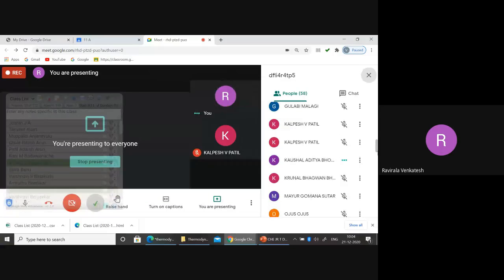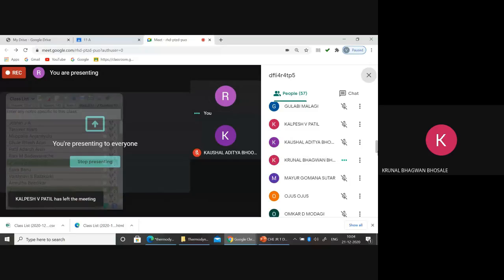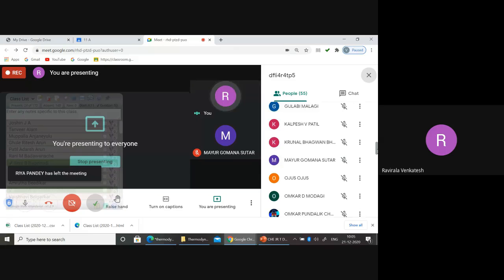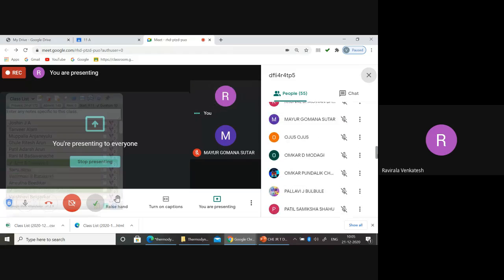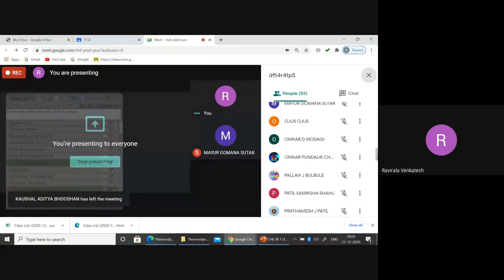Kaushal, yes, sir. Krunal, present, sir. Mayur, present, sir. Manoj absent. Manoj is there? Right. Ojas, present, sir. Omkar M, present, sir. Omkar C, present, sir.